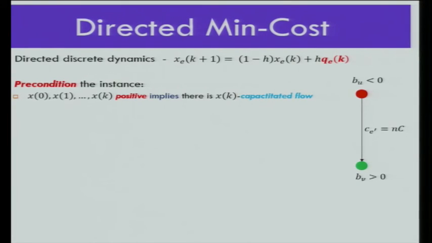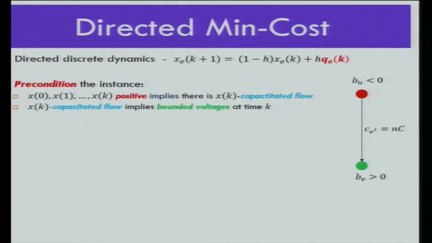So now I just give you what are the things that one needs to do. Proving positivity is not straightforward. However, we can do it by relating three quantities, which we all looked at in the undirected case. The first thing we could show is that suppose you assume that starting from x0, x1 till xk, these are all positive, then this implies that in the kth iteration there is a capacitated flow. Then if there is a capacitated flow, it implies bounded voltages at time k.